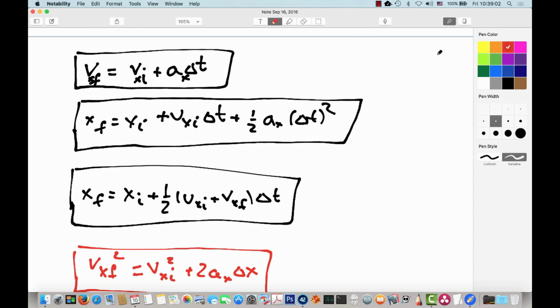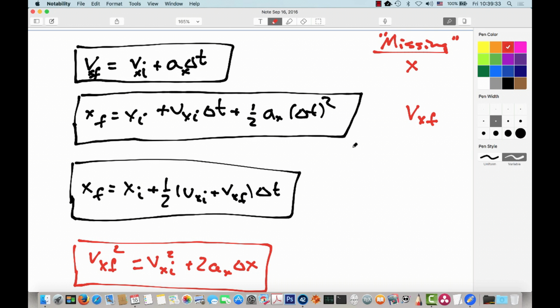All right. So now if you look at these relations, I want you to notice that there's something missing from each of these. In this first one here, there's no x. So we're just missing x. This equation here, we have an x, we've got a v initial, but no v final. We have an a, we have a t. So this one is missing vx final.